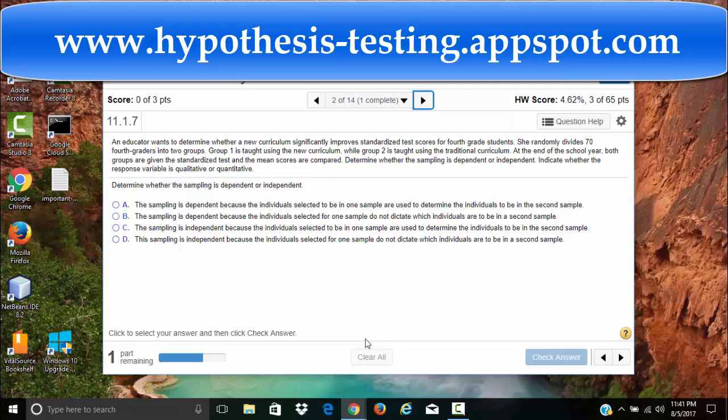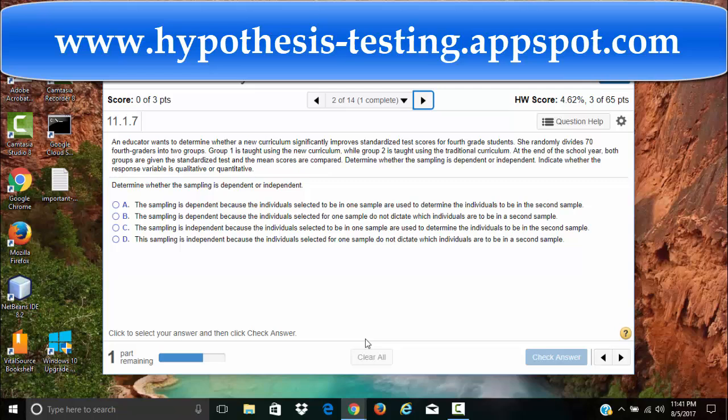Question 2. An educator wants to determine whether a new curriculum significantly improves standardized test scores for 4th grade students. She randomly divides 70 4th graders into 2 groups. Group 1 is taught using the new curriculum, while Group 2 is taught using the traditional curriculum.